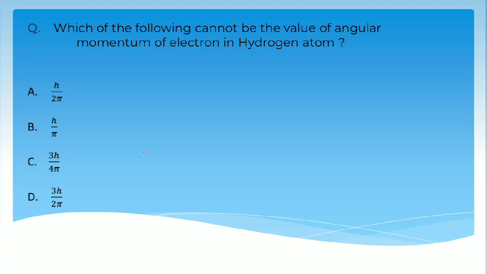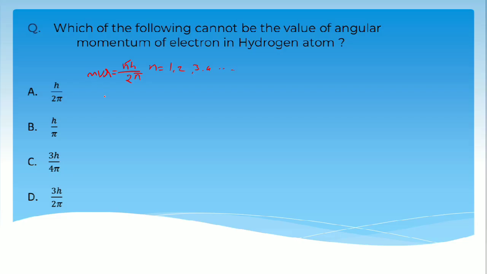According to the Bohr model, angular momentum is given by mvr equals nh by 2 pi, where n equals 1, 2, 3, 4 and so on.